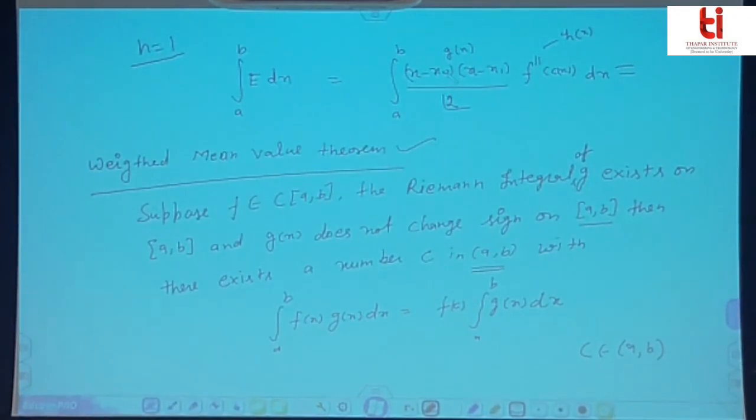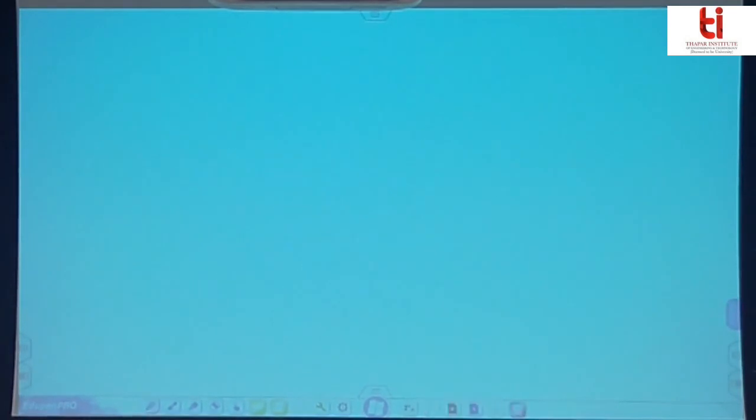Okay, so let us assume the functions gx and hx. If for any function gx it is easy to check whether it changes sign inside the interval [a, b], for example a polynomial, then we can apply this mean value theorem. So what is our gx? It is (x minus x0)(x minus x1), and we are taking the interval a to b, where a is x0 and b is x1.